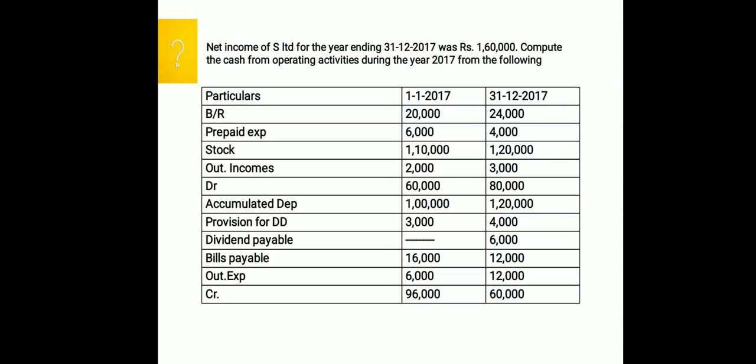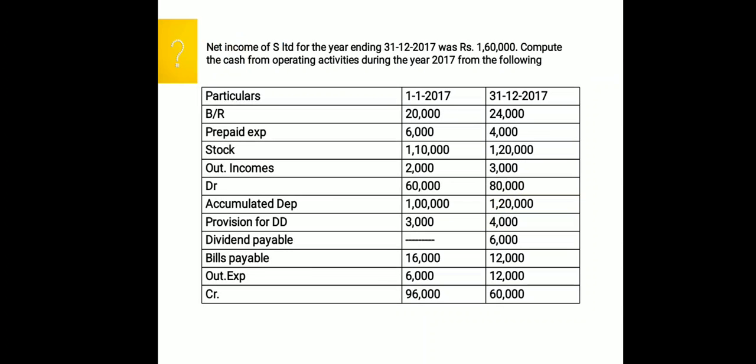Then we have debtors, that is your current asset and it is increasing, so we need to deduct again. Then we have accumulated depreciation, which is your non-cash item, and the difference, 1,20,000 minus 1 lakh, that is 20,000, will be your non-cash expense.